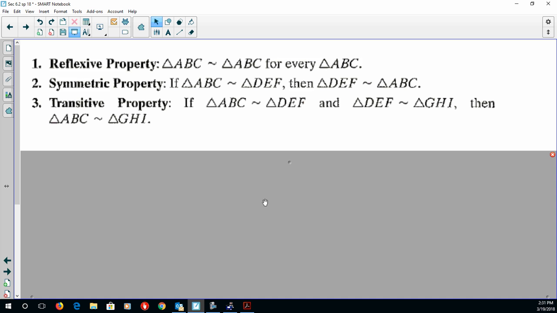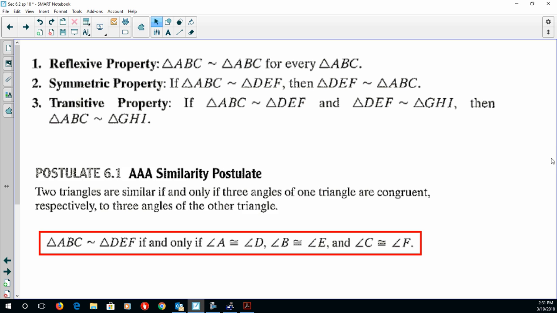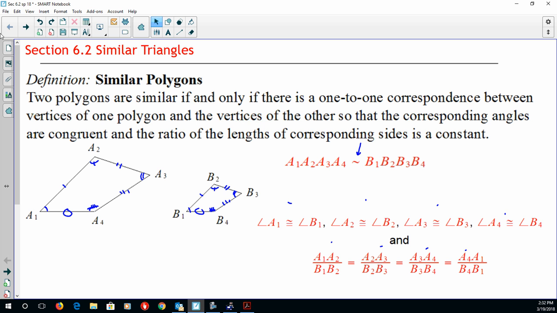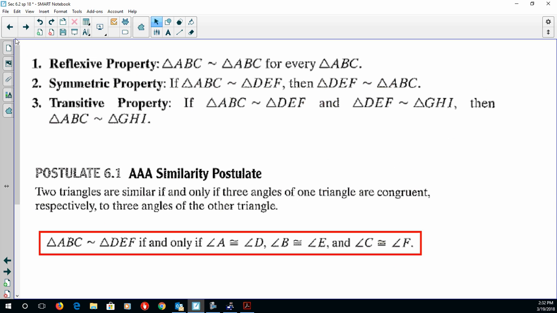Now, let's talk about triangles specifically. If you use the definition for triangles, then it would be 3 pairs of congruent angles and 3 equal ratios. We have a postulate here, 6.1.